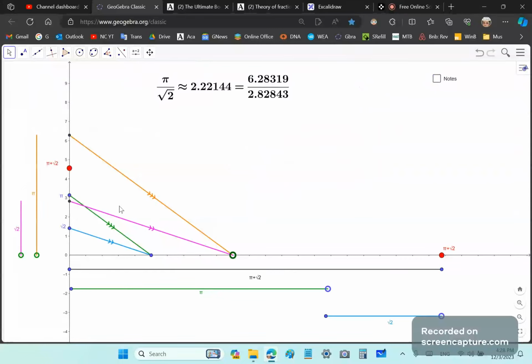And also a link to this applet, which I'll upload, and you can play around with it and change these values to things that are easy to find the quotients for, like 4 divided by 2 or 16 divided by 8 or whatever, or 9 divided by 3, etc. And you can see that these values here will be the quotient, okay, or the multiplication if you switch the parts around.